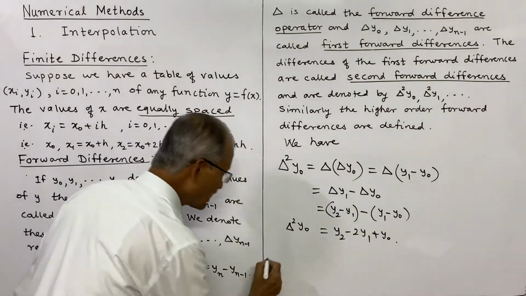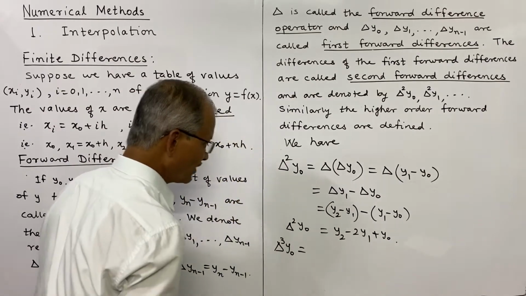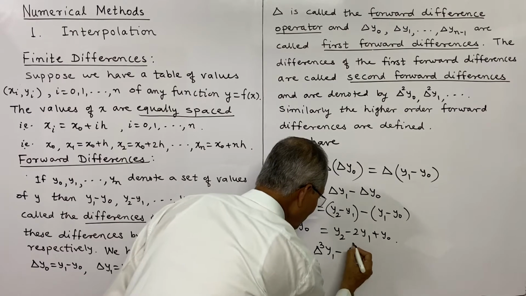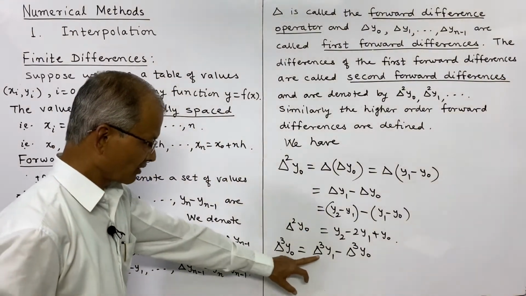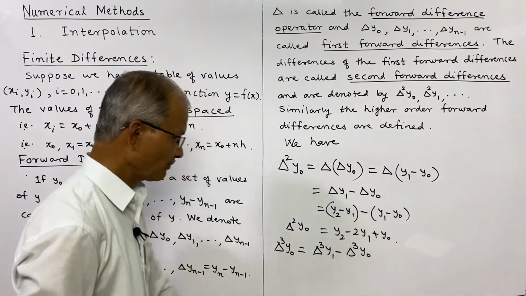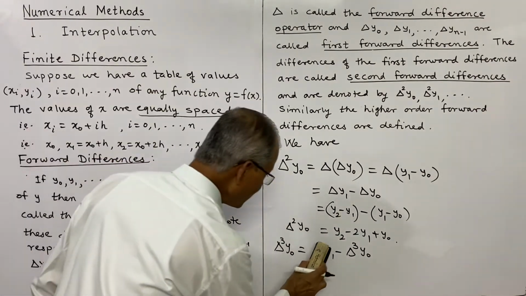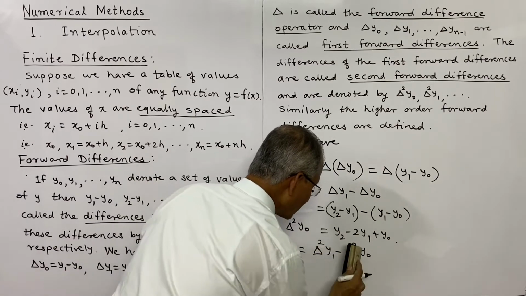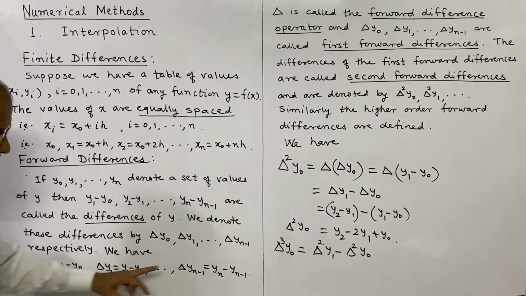And what will be Δ³y0? Δ³y0 will be Δ²y1 minus Δ²y0.